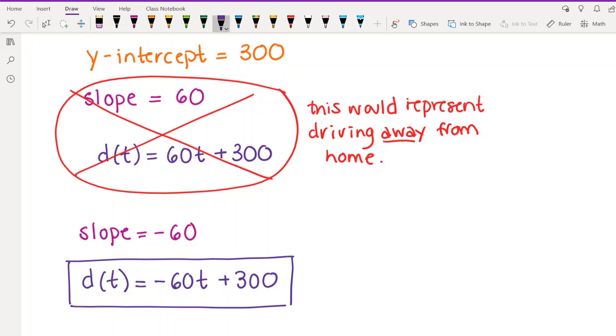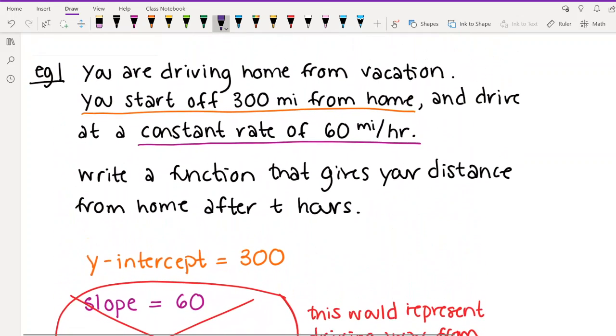I just want to mention, how else might you know that the slope is going to be negative? Well, if you just think about what this function is representing, it's representing the distance from home after t hours. And so your distance from home is actually decreasing. If your distance was getting further and further, then the slope should be positive.